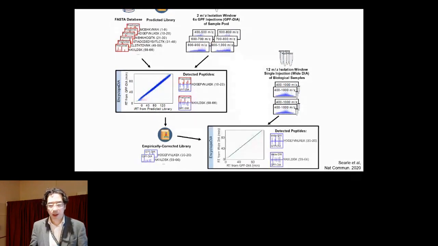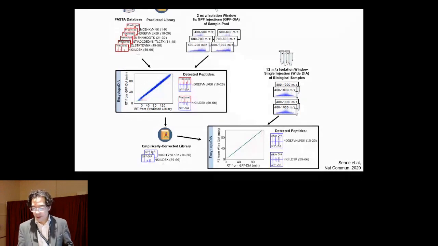But one advantage here is that because all of the fragmentation patterns are done on the same mass spectrometer at the same time in the same background, they're almost identical in terms of their fragmentation patterns. And similarly, their retention time patterns, because we're essentially matching the retention time patterns in wide window data to data that we collected using narrow window data, the retention times are exactly the same because they were measured on our instrument at that same time.